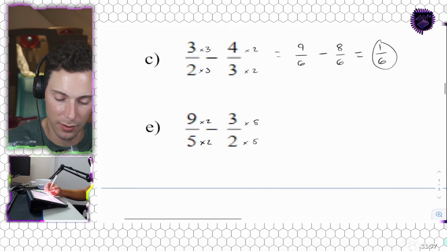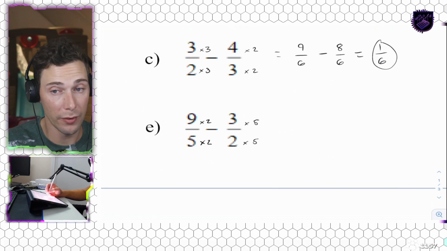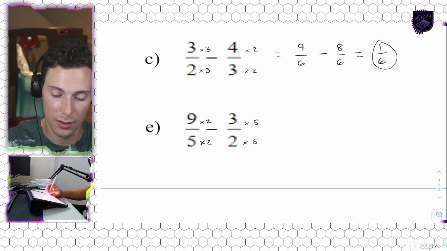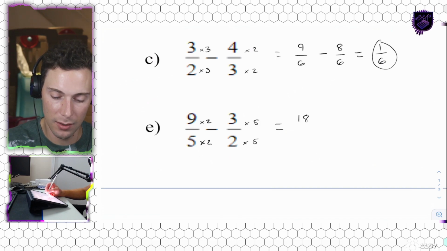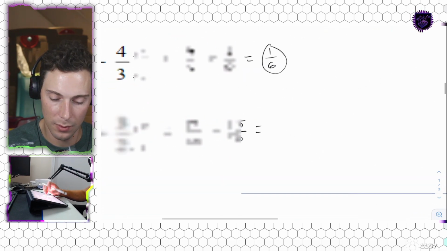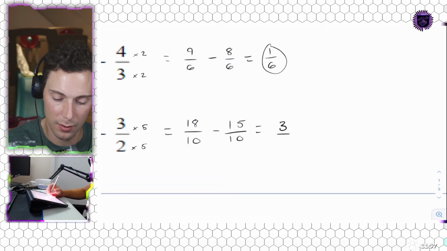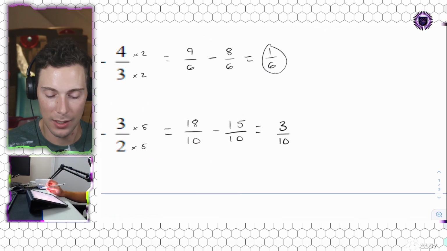Write our new equivalent fraction with like denominators. 18 tenths minus 15 tenths will be equal to 3 tenths, and we cannot simplify that any more than that.